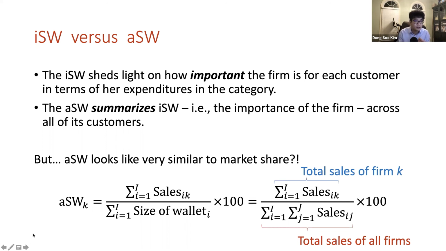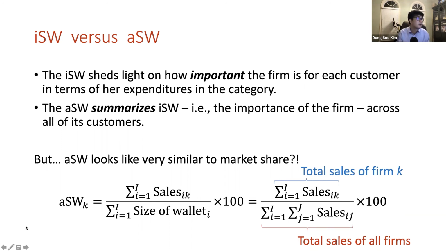But let's look at the equation again. It looks very similar to market share because the numerator is the total sales of a specific firm and the denominator seems the total sales of all firms to all customers.